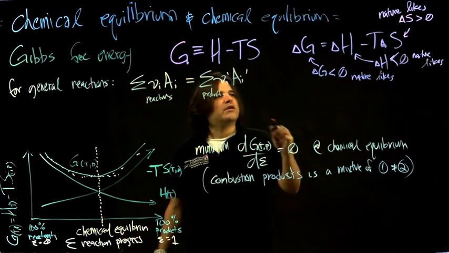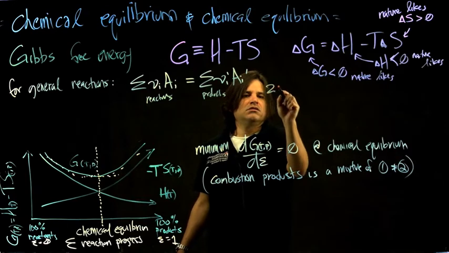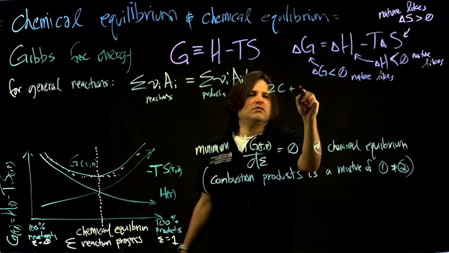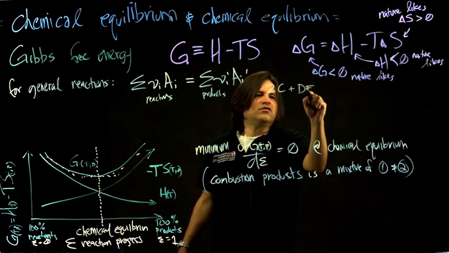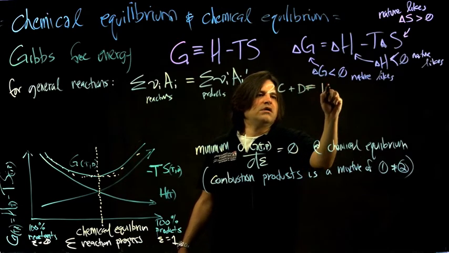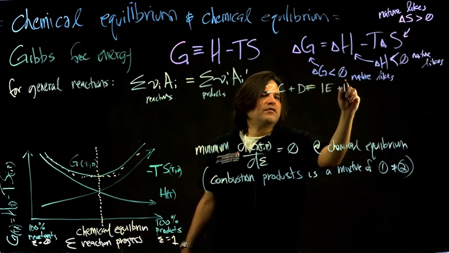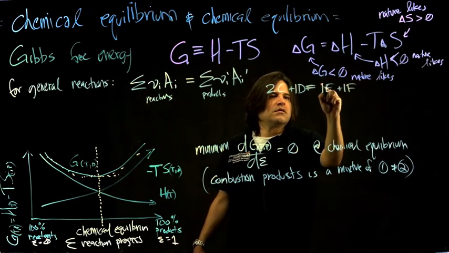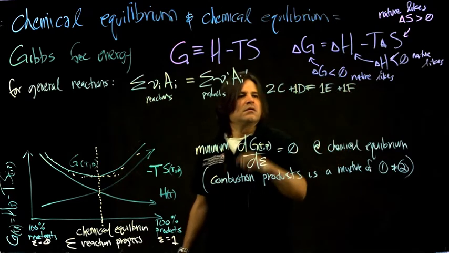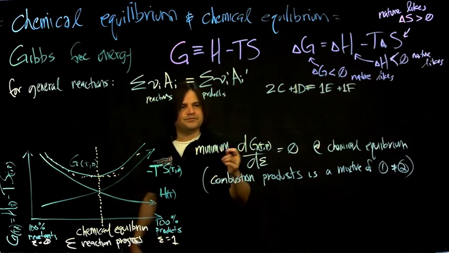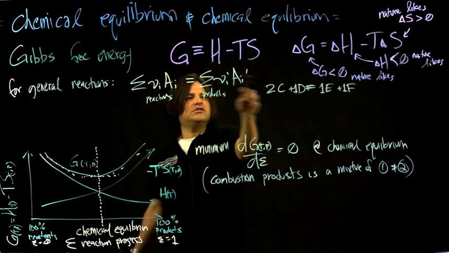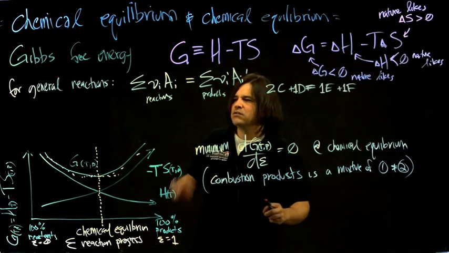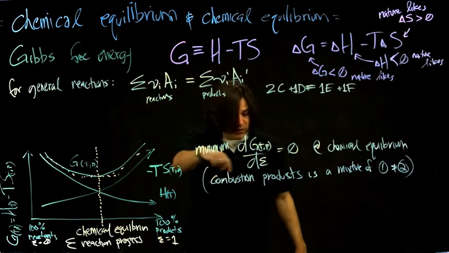So for example, you can have two C's reacting with one D to form one E plus one F. That's one possible reaction, and the 2 is the nu here. So there's one, that's the coefficient for the D. So that's one example of this general way to write that.